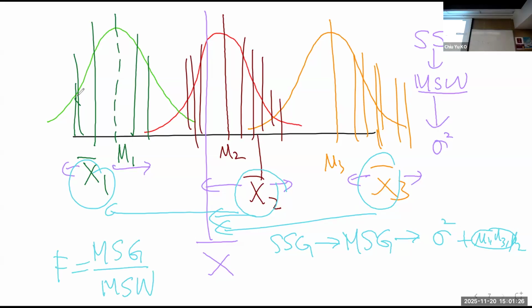Because remember, the F test compares variance: you just get the sample variance over the other, same idea. If this is gone, then they are the same. If they have an actual difference, the mu's are different, this must be larger than this one. So that's why it's a right tail test. The MSG must be bigger than MSW. Why? The MSG will be the variation within group, also the distance between mu1 and mu2, and mu2 and mu3, and so on. So that's how ANOVA works in theory.